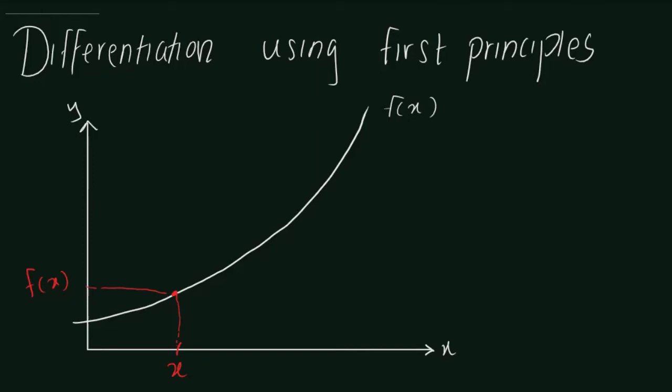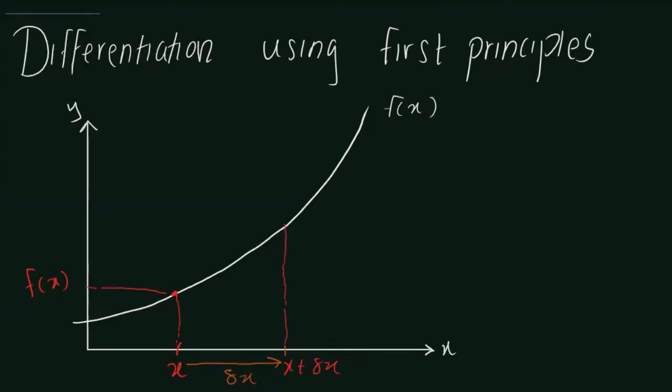For finding this, I'm going to give a small increment, delta x, to the x value. So the new x value will be x plus delta x. When the new x value is x plus delta x, what will be the new y value?